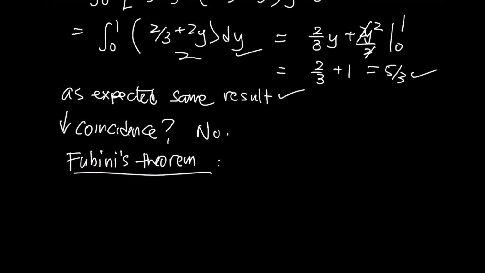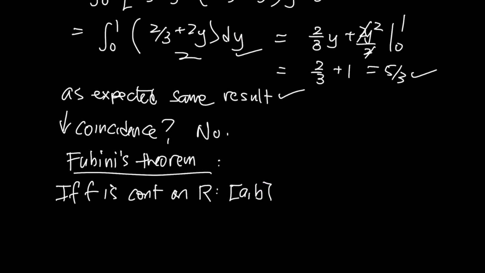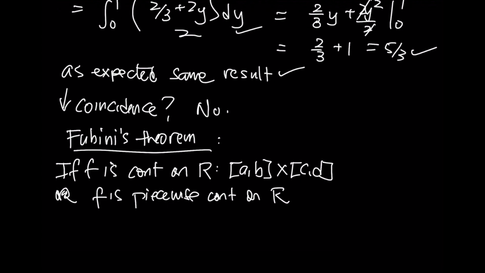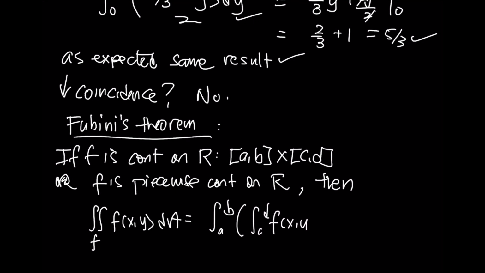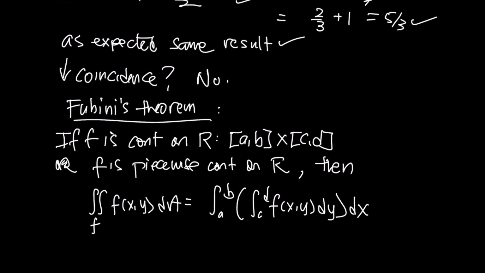Fubini's theorem says that if f is continuous on the rectangle R from a to b, Cartesian product with c to d, or f is piecewise continuous, then we know that f is integrable, and it will turn out that the double integral can be calculated as an iterated integral, and moreover, the order in which you calculate this iterated integral is irrelevant. You can decide to calculate with respect to x first or with respect to y first.